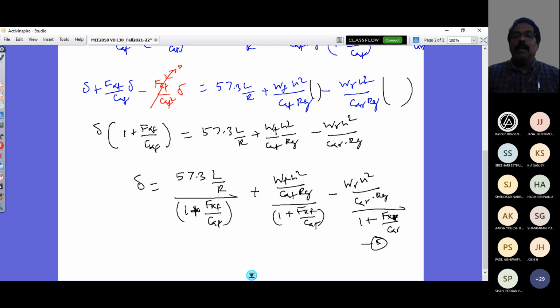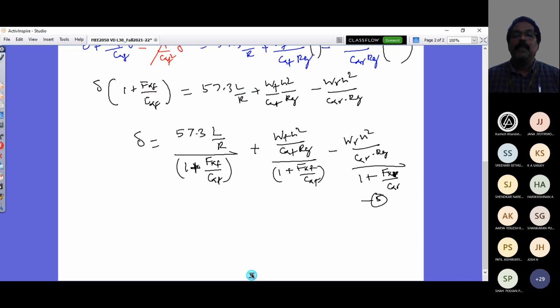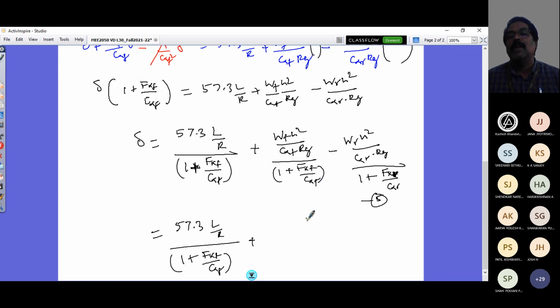So in this equation, let me use simple manipulation. The first term is as it is, 57.3 L by R divided by 1 plus Fxf by C alpha f. And I'm going to change this term in the numerator as 1 minus Fxf by C alpha f.